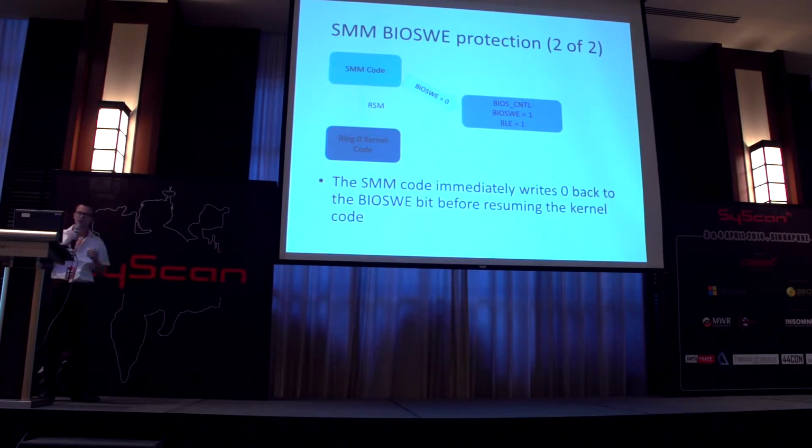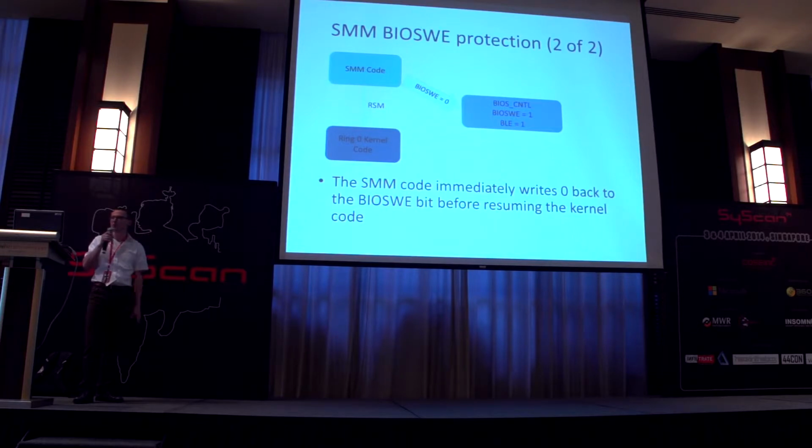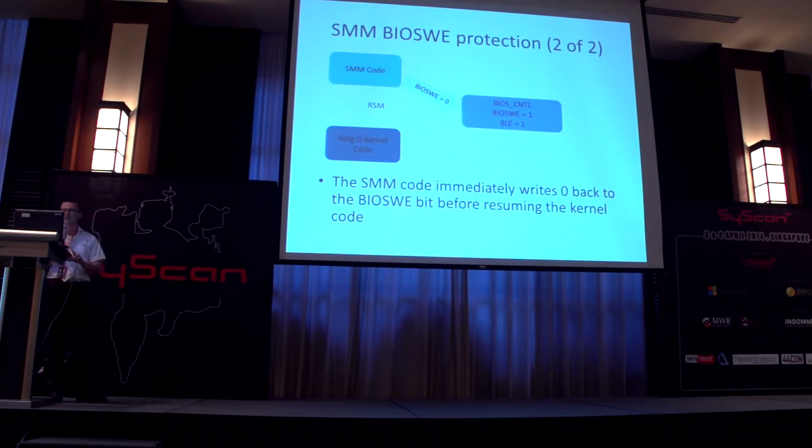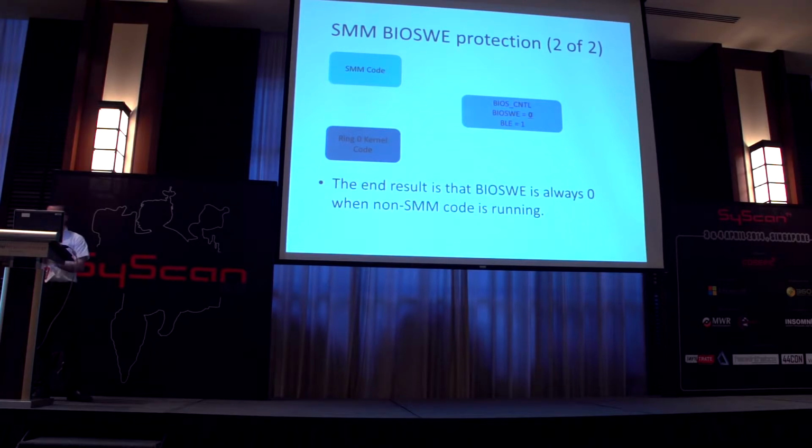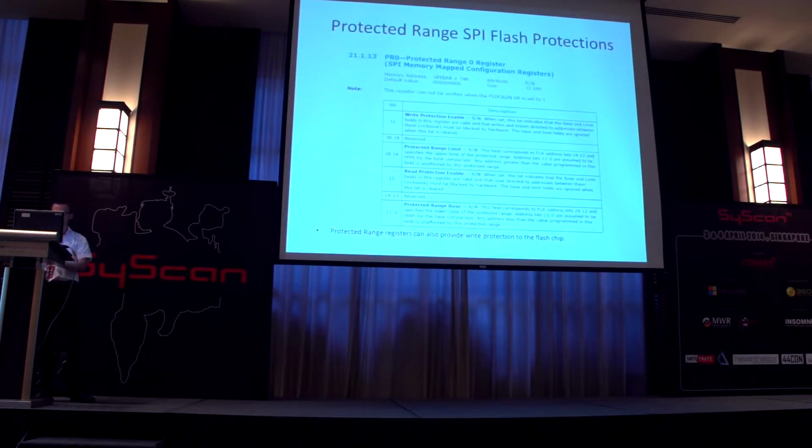What's pretty interesting here is that the BIOS write enable bit was set to 1, so that did occur, but then instantaneously system management mode, which is of course this super privileged x86 mode, even more privileged than the hypervisor, came in and said, no, you can't actually do that. Do not pass go, do not collect $200, BIOS write enable is 0. The end result is that in the context of the thread that attempted to set BIOS write enable, it never was actually able to execute any cycles with the BIOS write enabled.